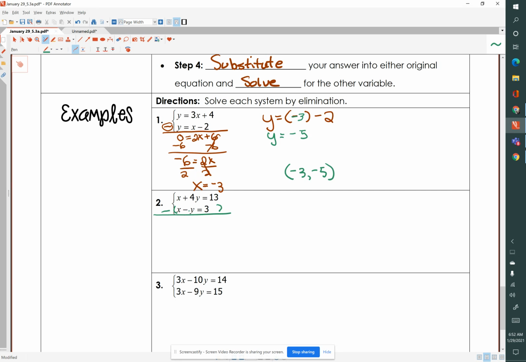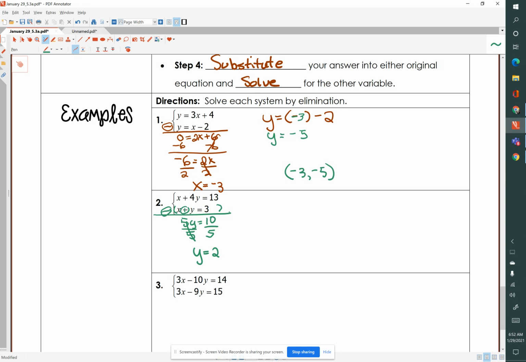Now we have subtracting a negative, so that makes this positive. 4y plus 1y is 5y equals 13 minus 3, which is 10. Divide both sides by 5, and y equals 2.